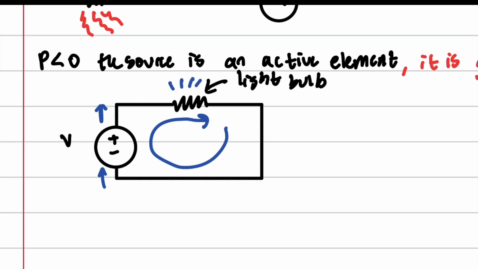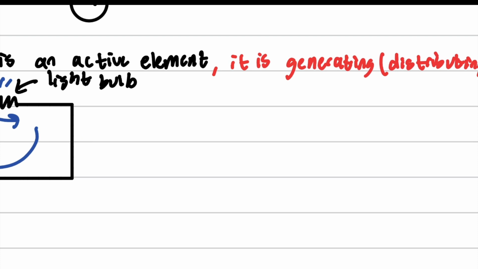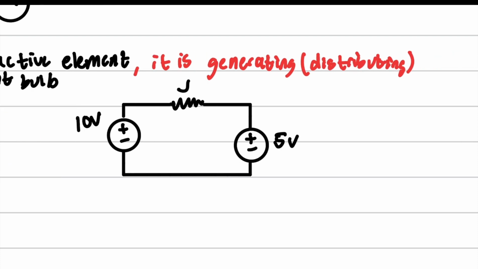Now, if we have another scenario, we can say that we know that this one is bigger than this one, so the current is going to be going this way, and it's dominating this 5 volts right here, which has a current going in this way.